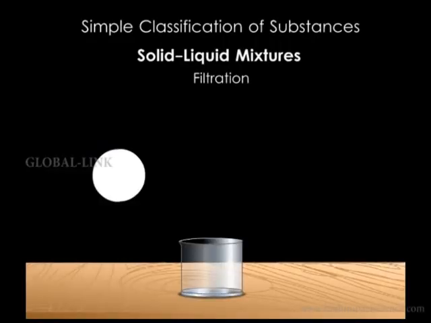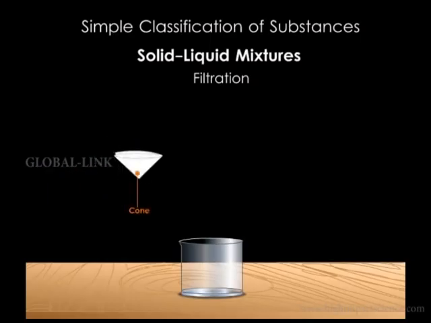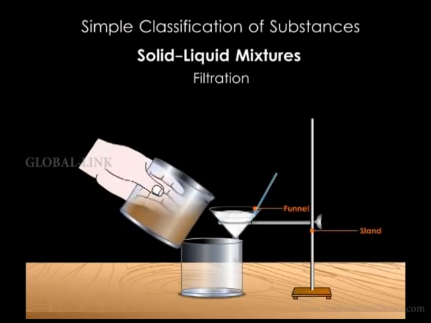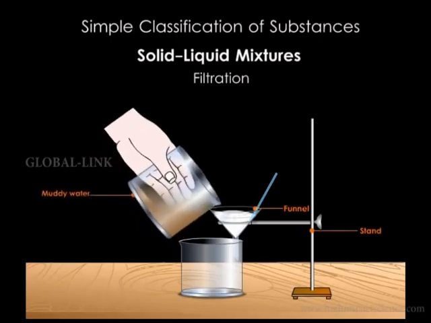Filtration is a more efficient method of separating an insoluble solid from a liquid like sand and water. We take a filter paper and fold it into half to make a cone like this one. We place the cone in a funnel fixed on a stand. We pour the sand-water mixture through the filter paper.